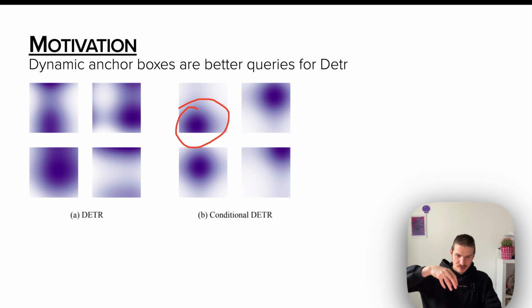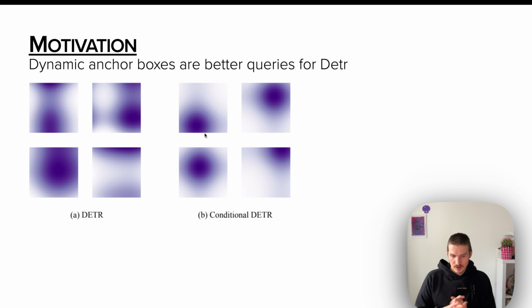So it has one center of attention, and then the attention mask will slightly degrade over some coordinate, so it has some size as well. It worked better than the original Detr, but it doesn't take the scale of the objects into account. Some of the objects might be really big, taking up the entire picture. Some of them might be really small. And we also want to take that into account in our attention mask.